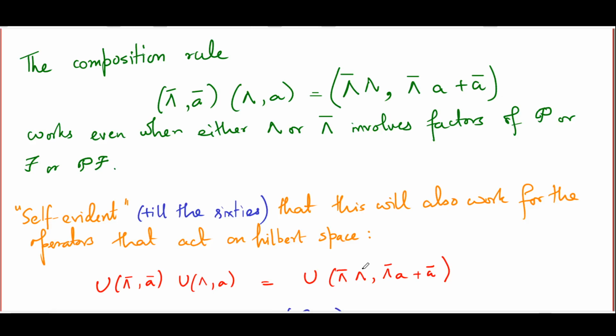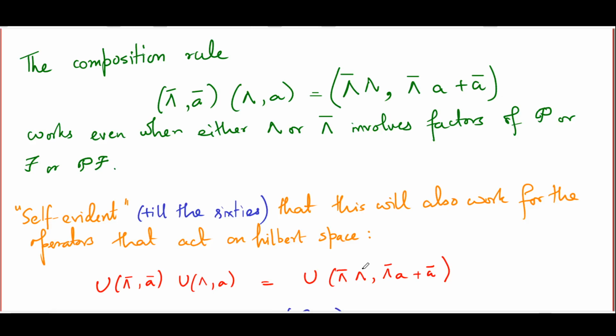Now, what was considered self-evident till the 1960s is that this will also work for the operators that act on Hilbert space. Remember, corresponding to every Poincaré transformation (lambda, a), you would expect there to be an operator U of (lambda, a), and you would expect the following composition rule to work.